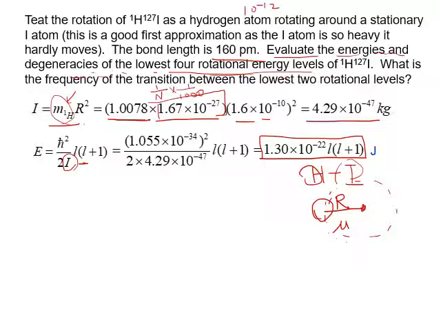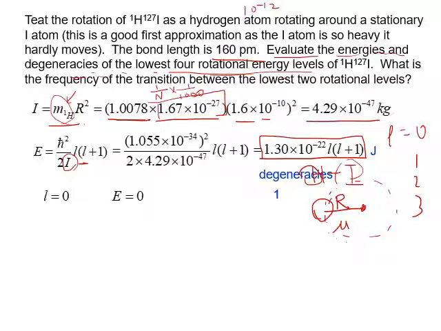So for the 4 lowest rotational energy levels, the allowed L can be 0, 1, 2, 3, so plug in those numbers. For the first one, L equals 0, the lowest energy is 0. Now what's the degeneracy?